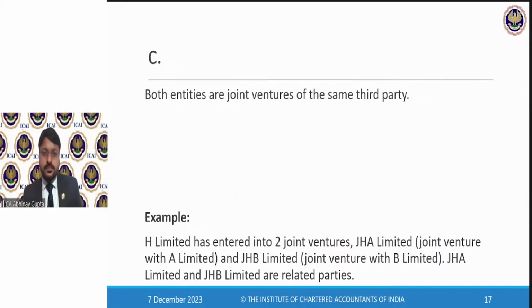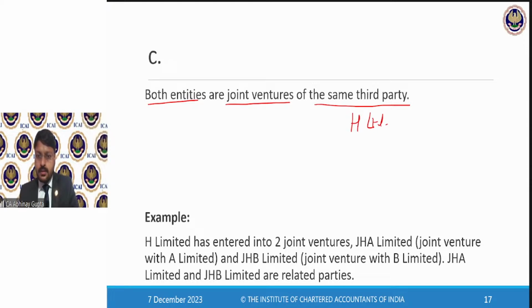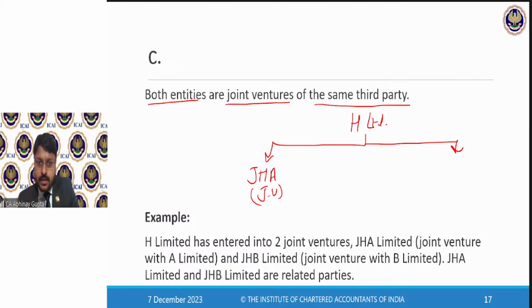Clause C. Both entities are joint ventures of the same third party. Now here, H Limited has two joint ventures. So JHA is a joint venture with A Limited.